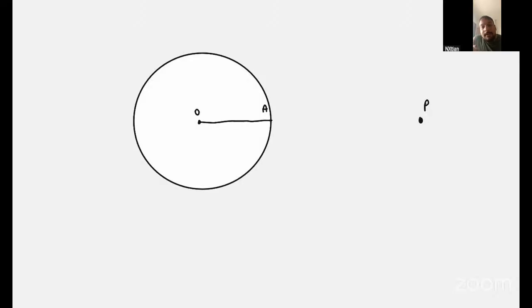So infinite points, infinite tangents. So a circle has infinite tangents. You can write at the top of your copy: circle has infinite tangents. Write it down quickly.